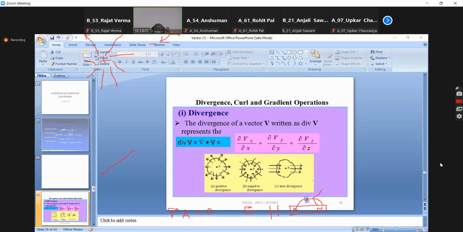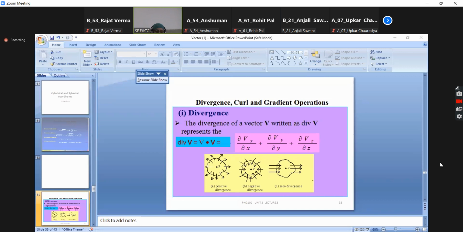Okay, so therefore always remember that static magnetic field is the example of a zero divergence, whereas electric field is a example of positive or negative divergence. Okay, so this is a simple concept of divergence in mathematics applied to this subject.